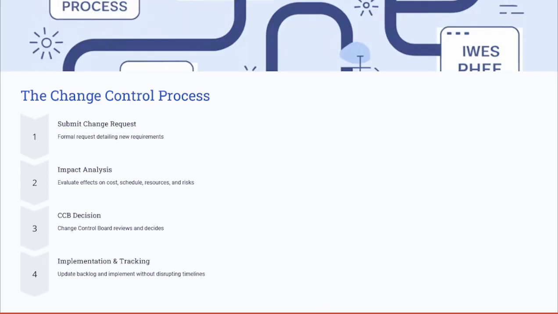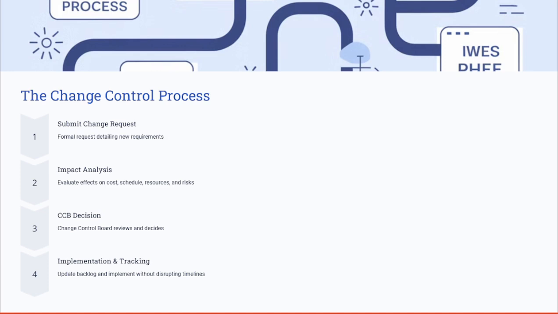To start with, let's understand what exactly a change control process is. As a definition, it's a formalized framework for evaluating, approving, and tracking changes to a project. Without a well-structured process, projects can easily drift out of control due to unapproved modifications, shifting requirements, and unmanaged risks.